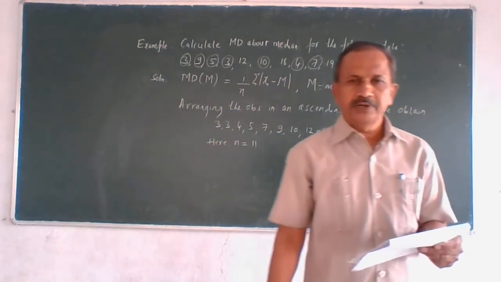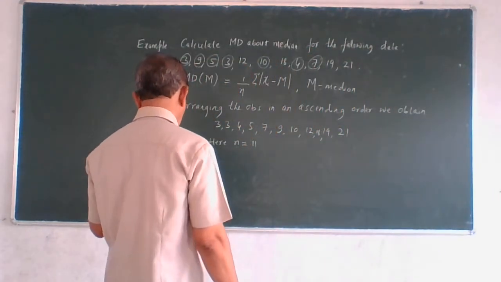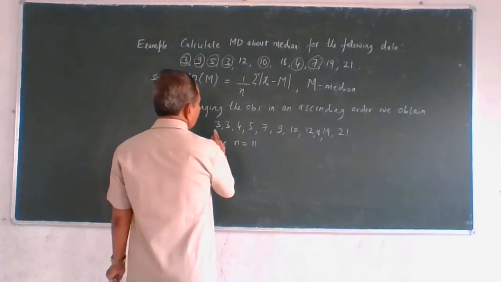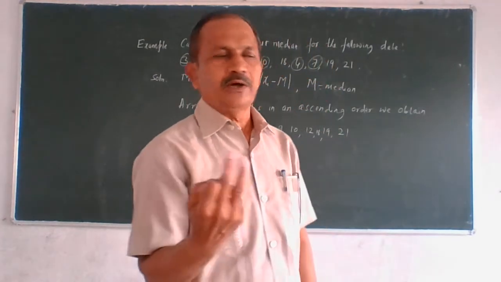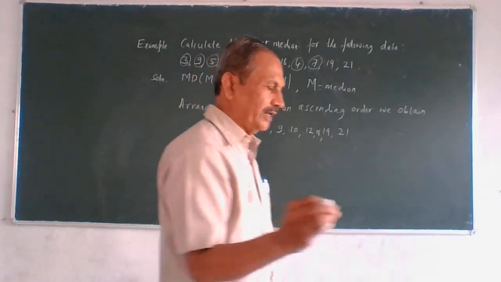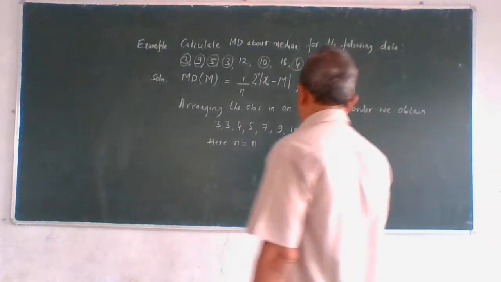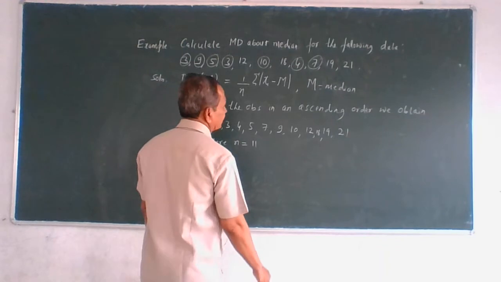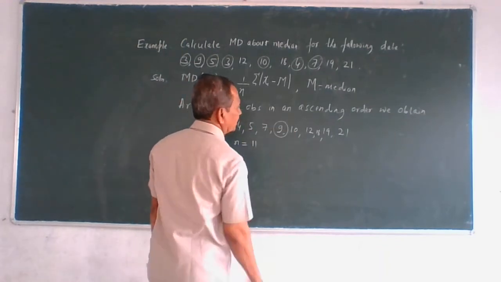Then how to calculate the median? N is 11, so what is the middle value? When n is even, we have to calculate the mean of the two middle observations. If n is odd, exactly one middle observation comes. So what is exactly the middle observation? 9.